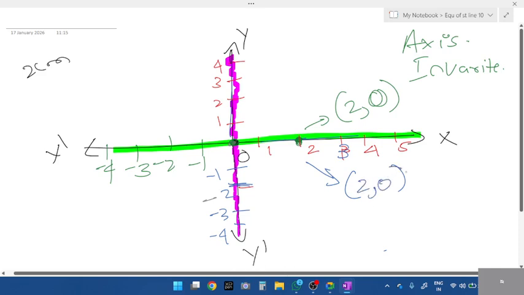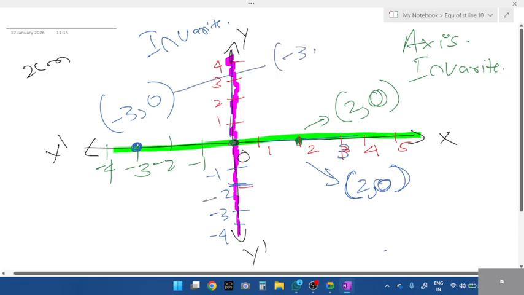The object also will be at the same position, 2 comma 0. If the point is minus 3 comma 0, the invariant is the same: at that position you are holding the mirror, so the value will never change, minus 3 comma 0. Take any position, say minus 4 comma minus 2.